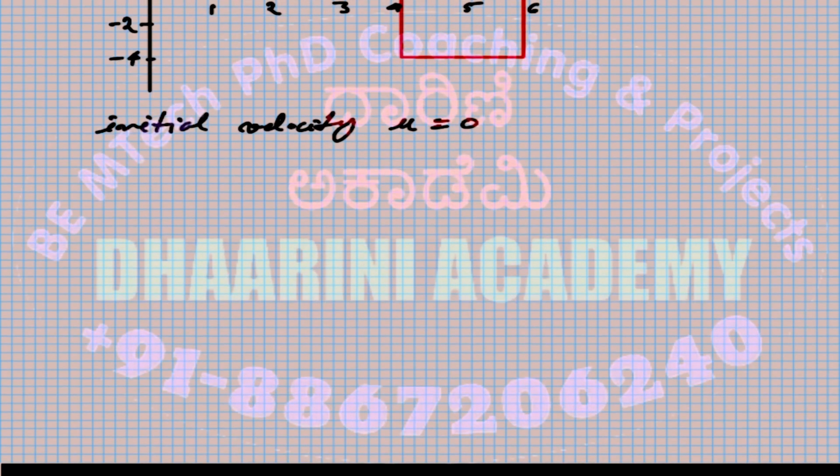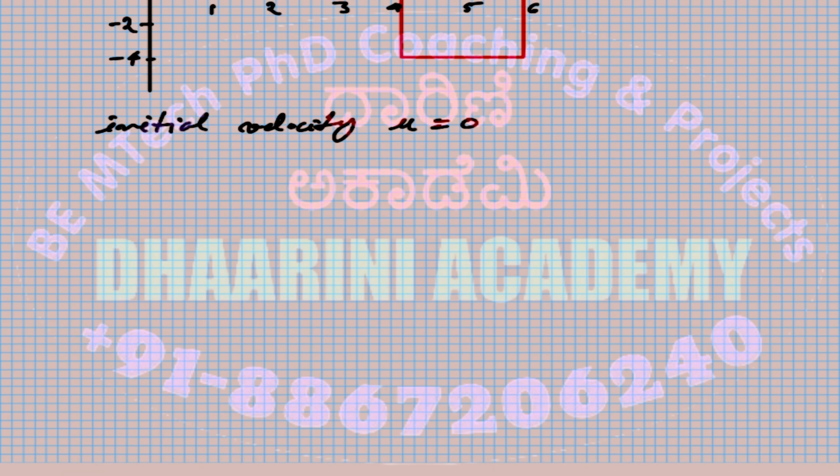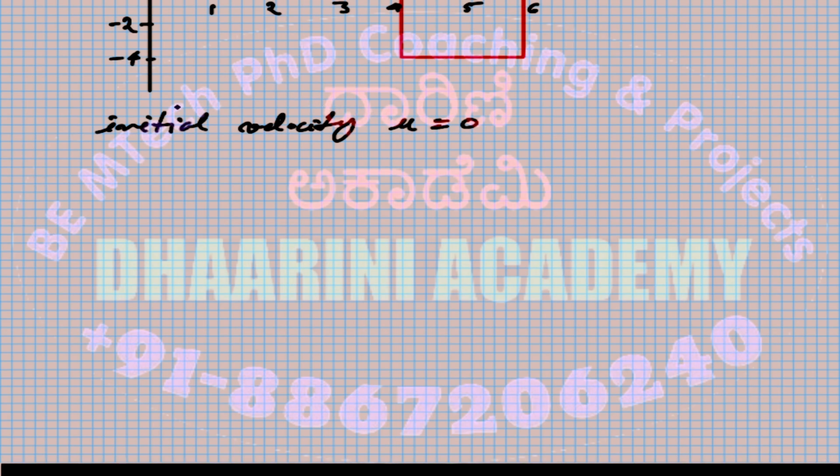Okay. So initial velocity u is 0, and from t is equal to 0 till t is equal to 2, the velocity is equal to at. You can see from the graph that acceleration is equal to 2, and u is equal to 0. So I'll write a is equal to 2, so v is 2t.